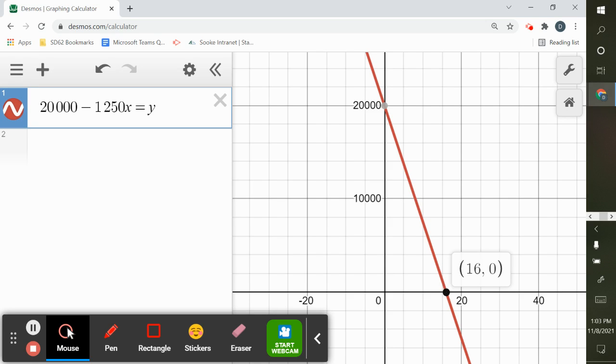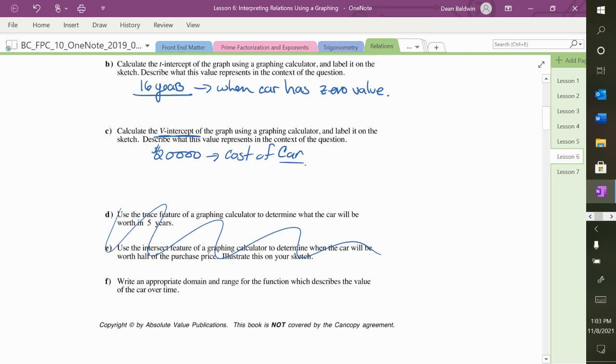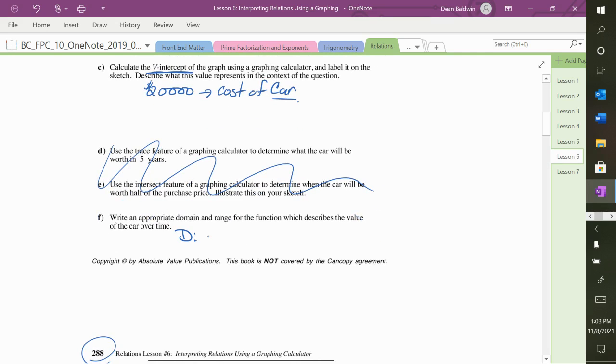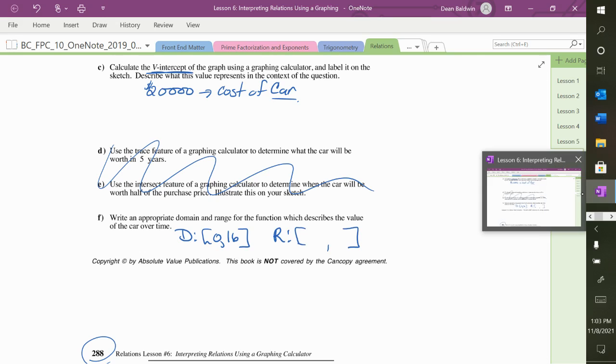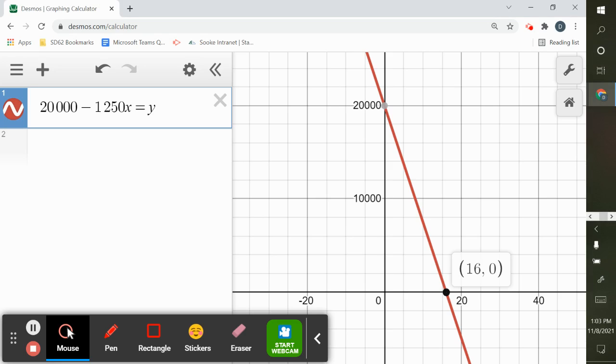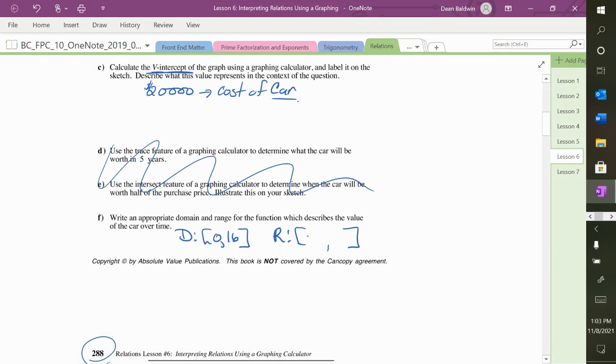So 0 to 16 is your domain. What's the range? What's the lowest value of the car? What's the highest? 20,000. So the range is going to be 0 to 20,000, and it's square brackets because you include both numbers.